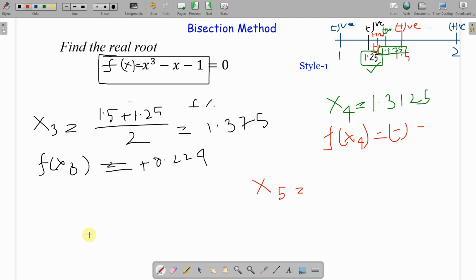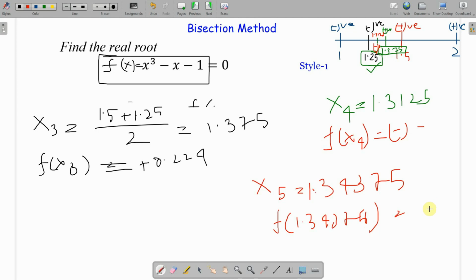सो x5 का वैल्यू कितना आएगा? 1.34375. बहुत ही इजी है ये. And you will get f equals to function 1.34375, that's some value you will be getting.